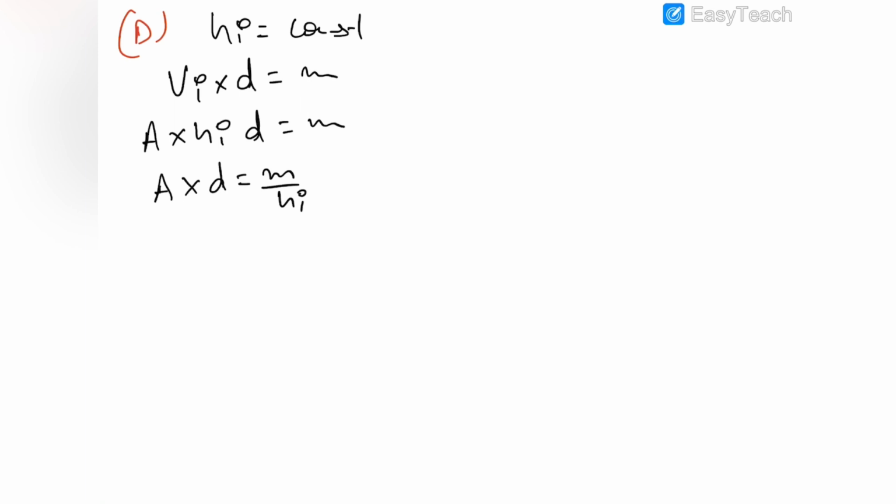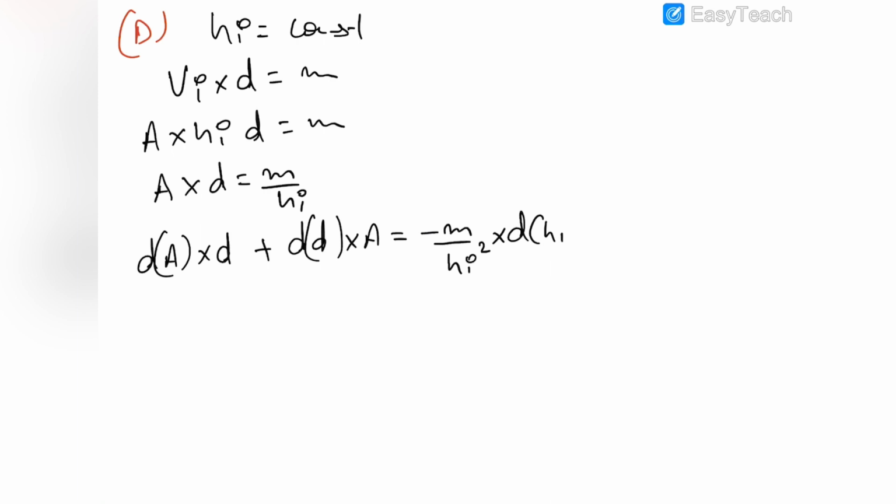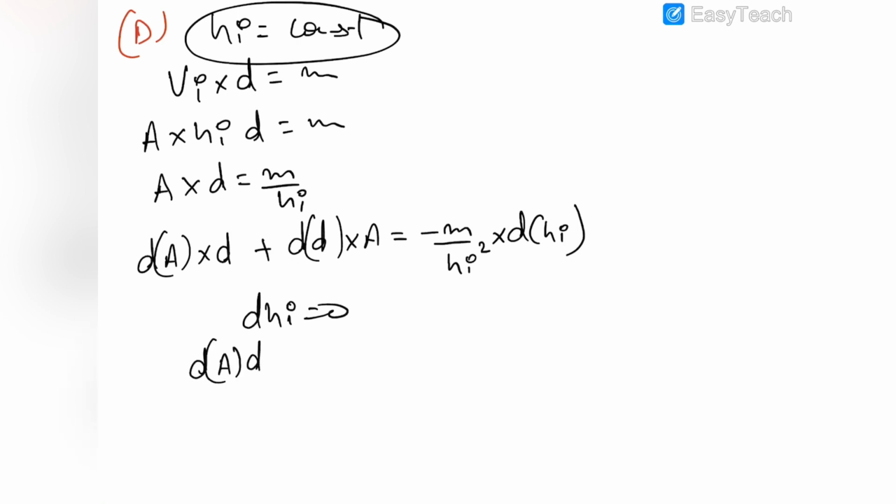Now we can differentiate this equation, and dA into D plus dd into A is equal to minus m by hi square into d of hi. Now d of hi should remain 0 because hi is constant, and therefore d of A into D plus d of D into A is equal to 0.